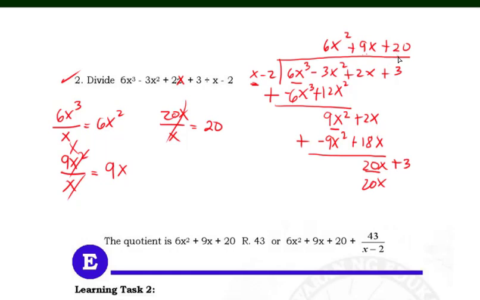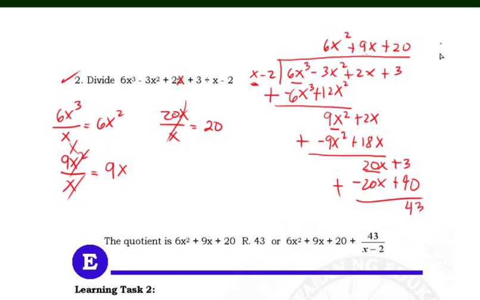And then, 20 times negative 2 is negative 40. Okay, so let's now subtract. Change the sign of the subtrahend. Minus. Plus. So, 3 plus 40 is 43.